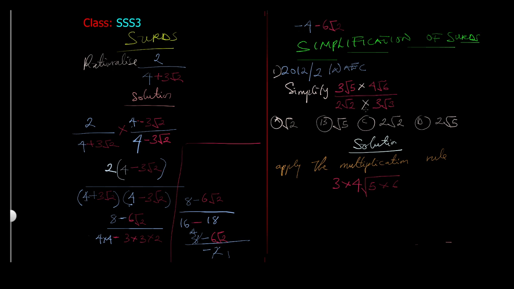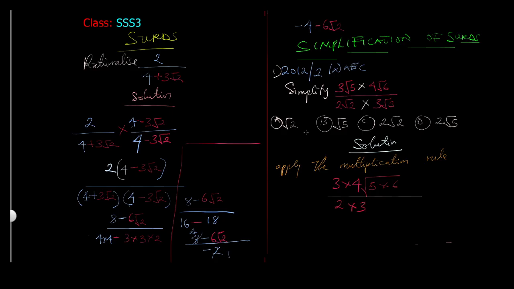Look at the down part very well. We should not be tempted to do as we could do before, because square root of 2 times square root of 3 is not square root of 2 square root of 2. Now all over for the denominator, the same rule is going to apply: outside times outside, that will be 2 times 3.